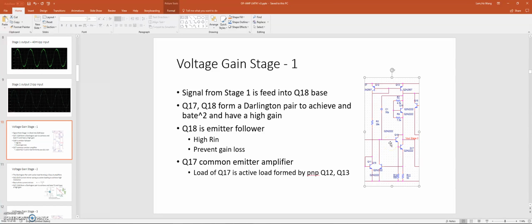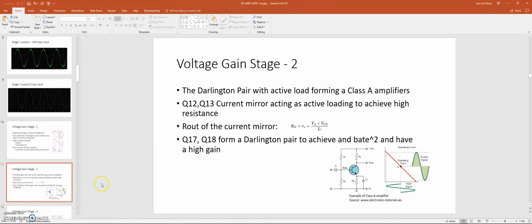The good thing is we can prevent gain loss from the first differential amplifier stage, because if we have a low input resistance, it's going to kill the gain. And then Q17 is a common emitter amplifier, and we're using an active load from Q12 and Q13, as this current mirror is serving like an active load, and this is known as a Class A amplifier.